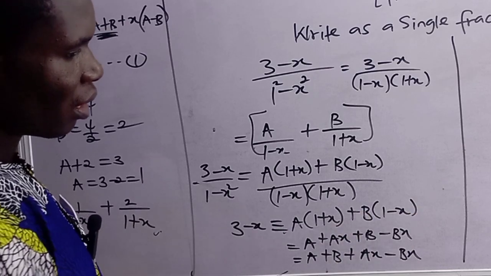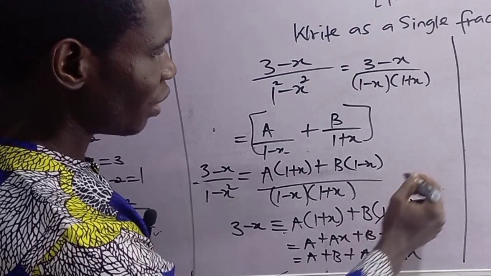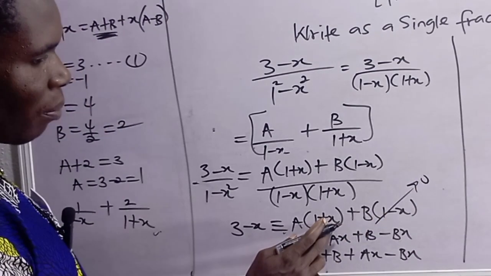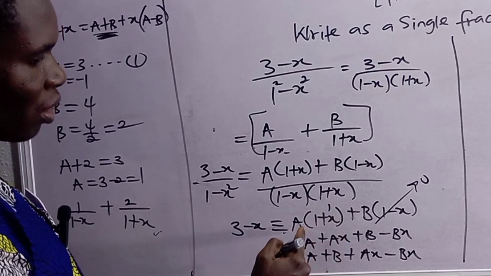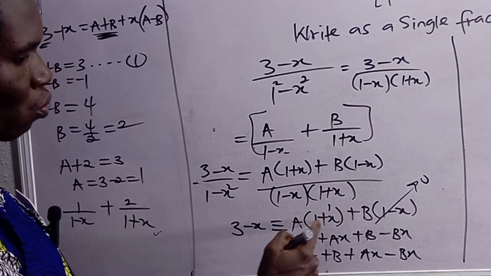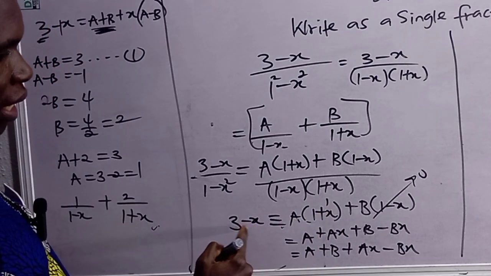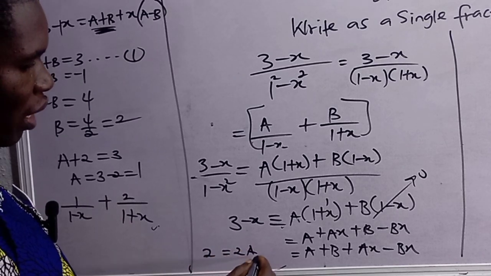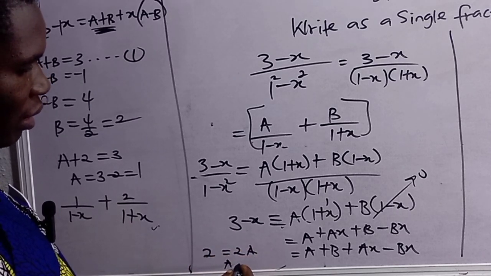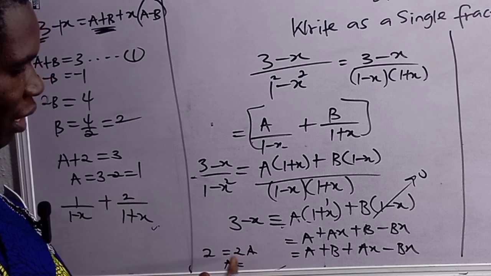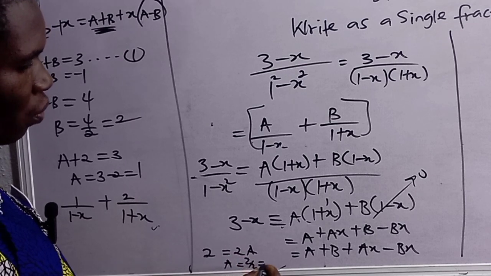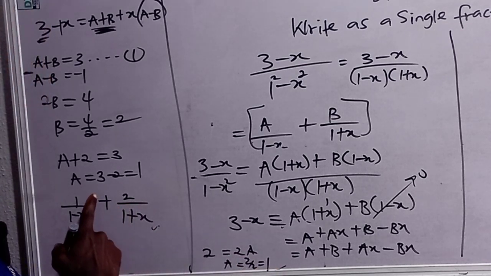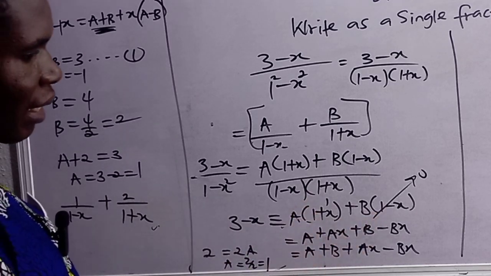So b will be equal to 0, and we are putting x to be 1, so this becomes 1 plus 1, which is 2a. 3 minus 1 is 2, so we'll be having it as 2 is equals to 2a. A is equals to, dividing both sides by 2, 2 over 2, which is 1. A is equals to 1, straight up, right?